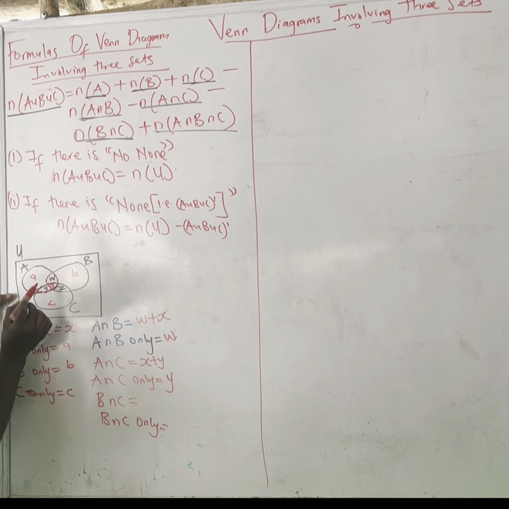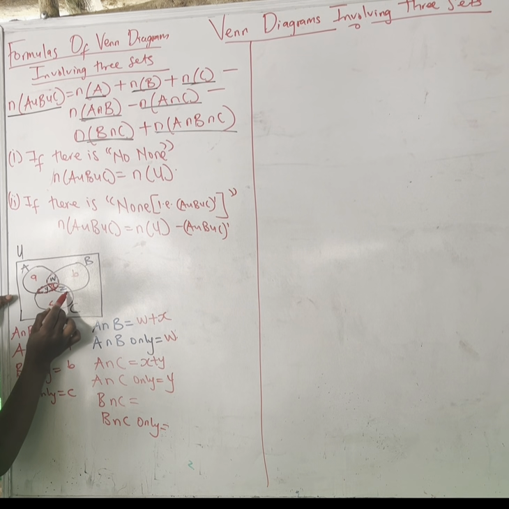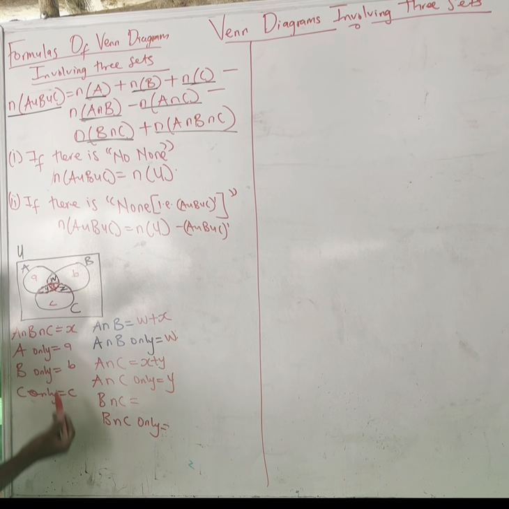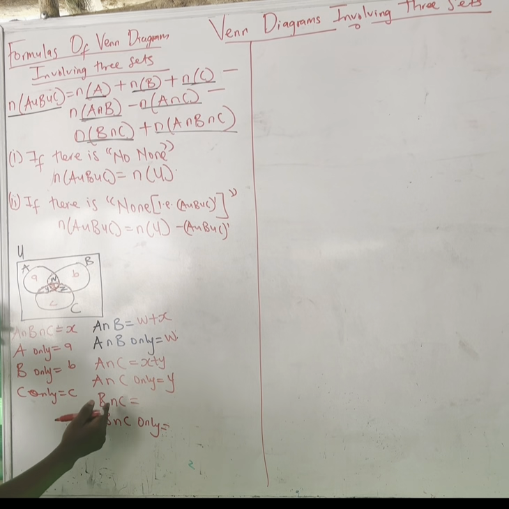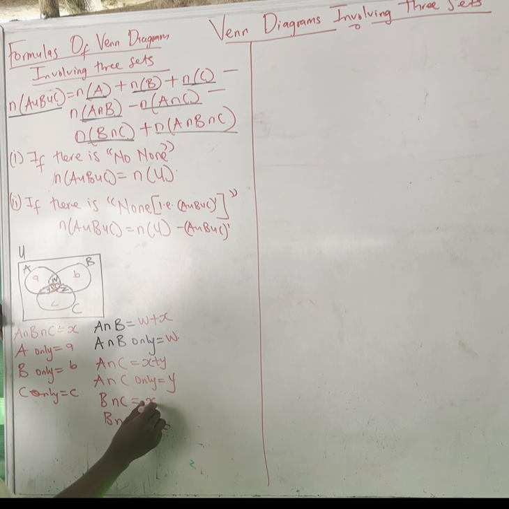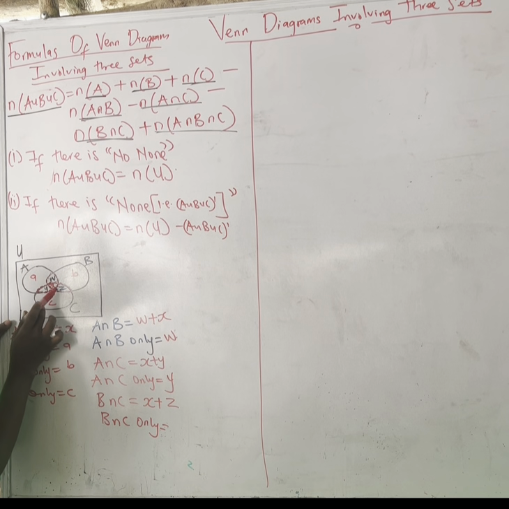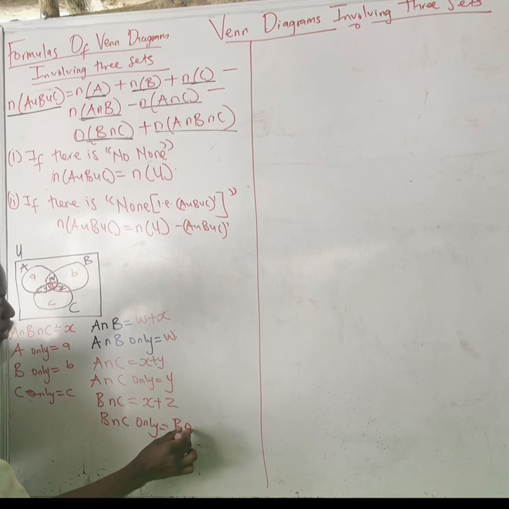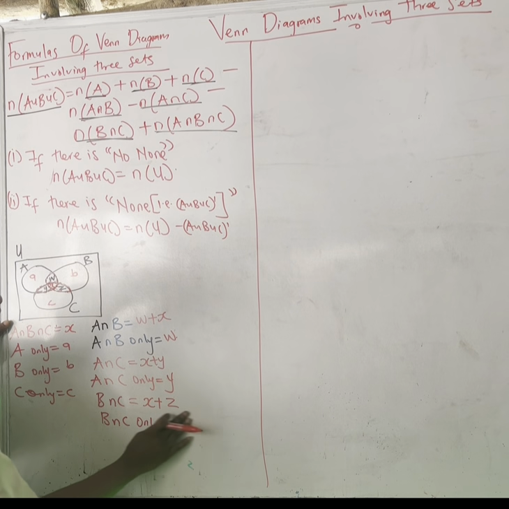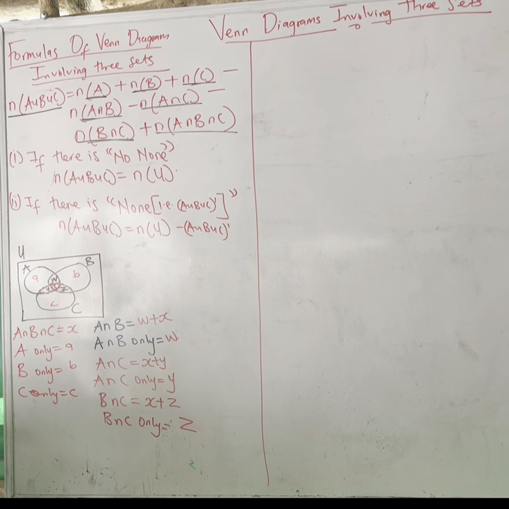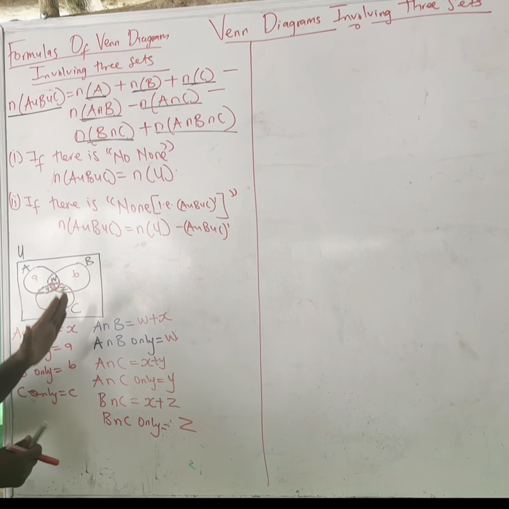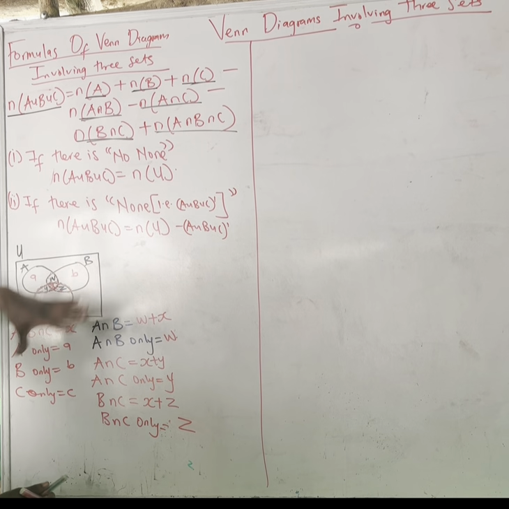You see this part is for B intersection C. So your B intersection C is X plus Z. But you see this small part, which is for Z only, represents B intersection C only. That is equal to Z. So therefore, this is the main understanding you have to note on Venn diagrams involving three sets.